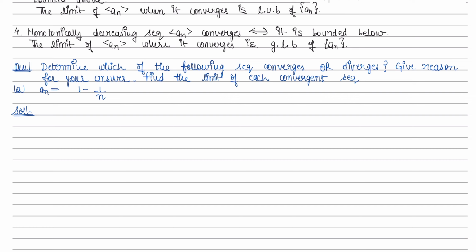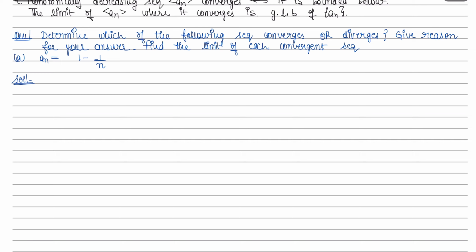Now let us first check if this sequence is monotonic or not. Let a(n+1) minus an is equal to 1 minus 1 upon n plus 1 minus (1 minus 1 by n), and after subtracting this becomes 1 by n minus 1 upon n plus 1.